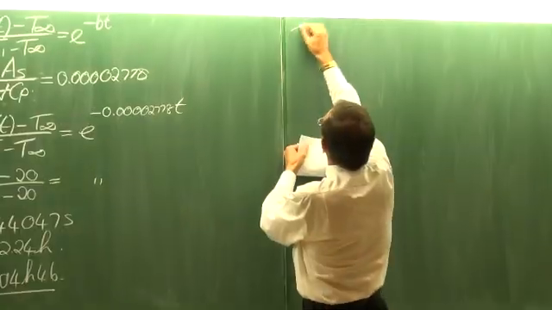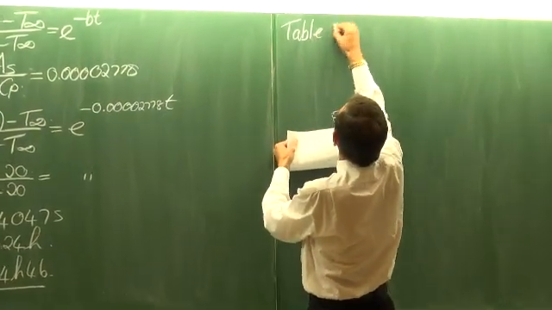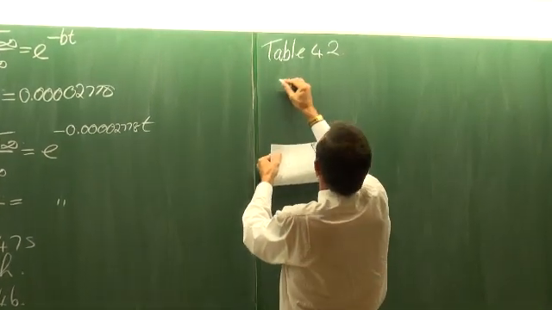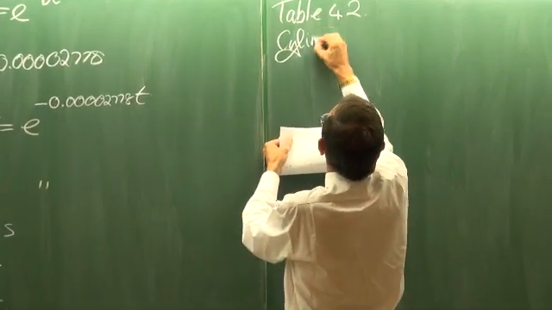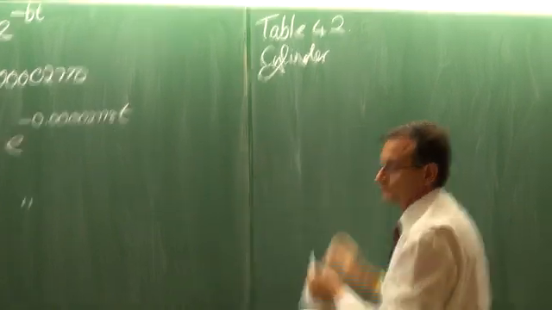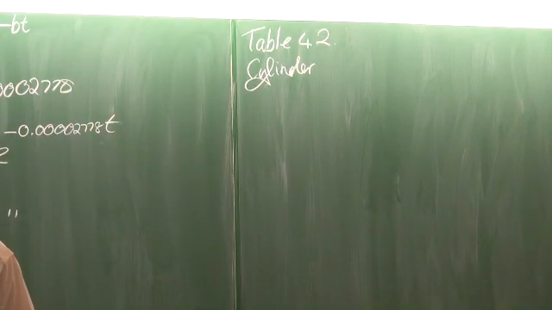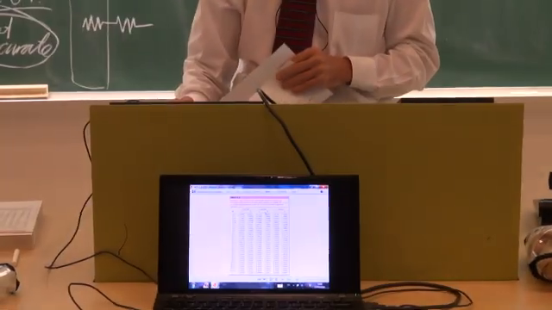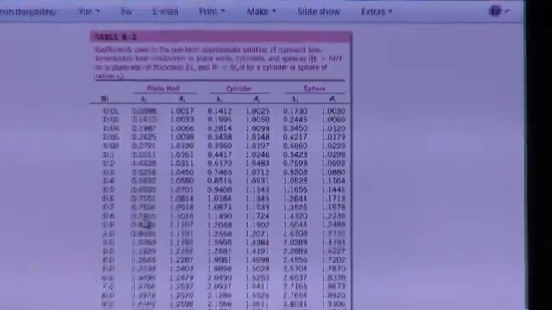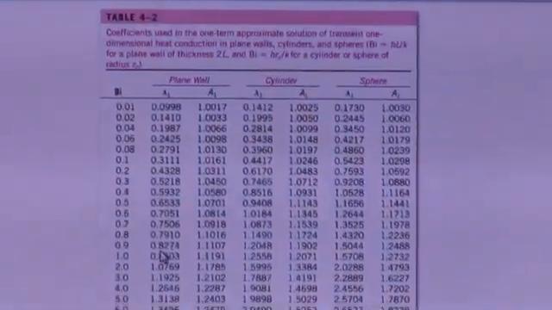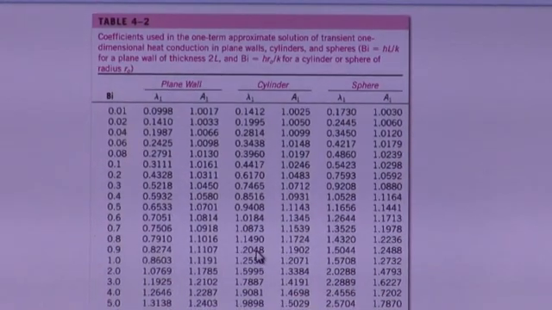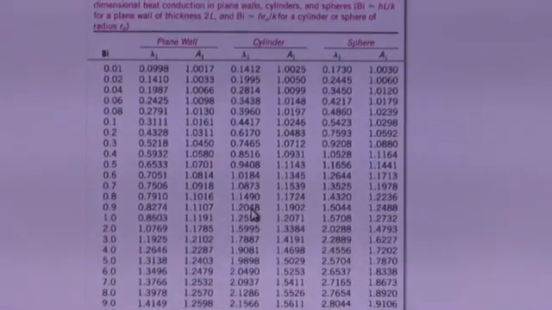So if we look in table 4.2, for a cylinder with a Biot number of 0.89, or about 0.9, the values are given.